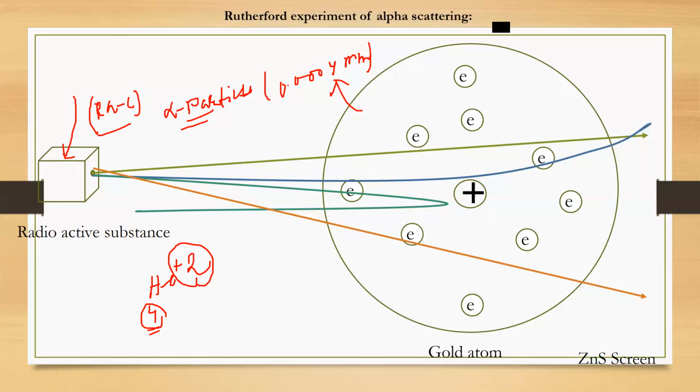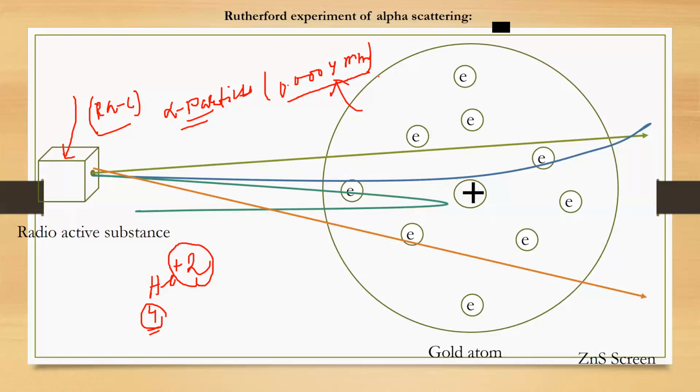In this experiment, Rutherford directed a high energy stream of alpha particles from a radioactive source at a thin sheet of gold, 0.0004 millimeter thickness.